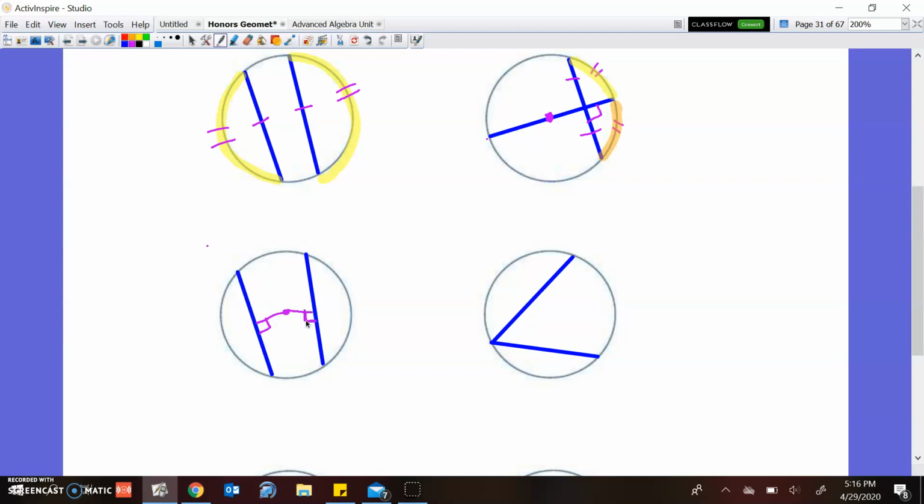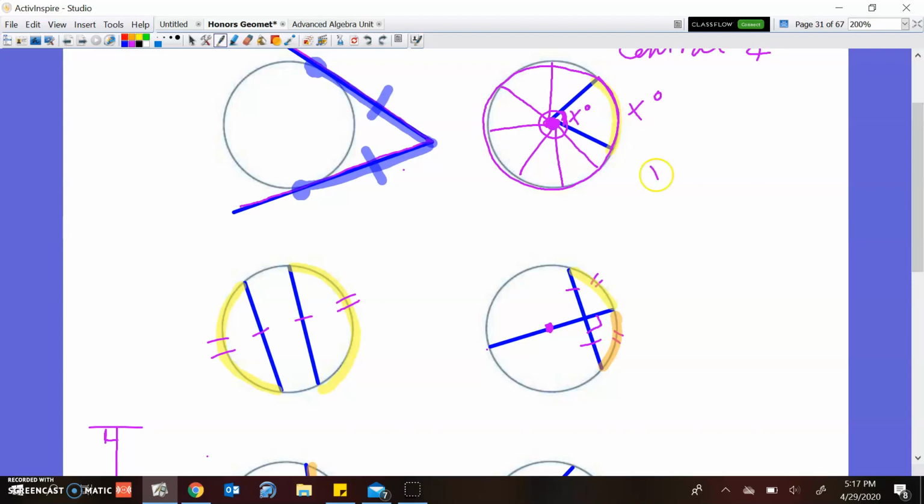That's the shortest distance between any two points: a straight line, meaning it forms a right angle. So same idea here. If this is our given case, then we have congruent chords as long as our two distances from the center are congruent. If I can draw a segment from the center to one chord and from the center to the other chord, each perpendicular to the chords, and these are congruent, then I can conclude that this chord is congruent to that chord, and then that my arc is congruent to that arc. It works the other way as well.